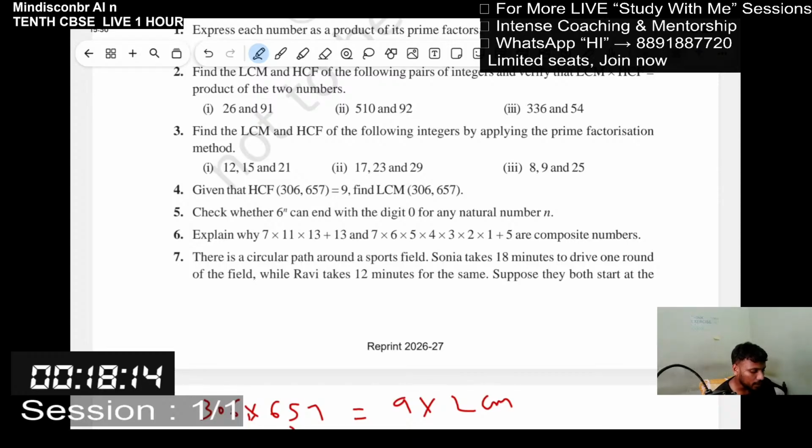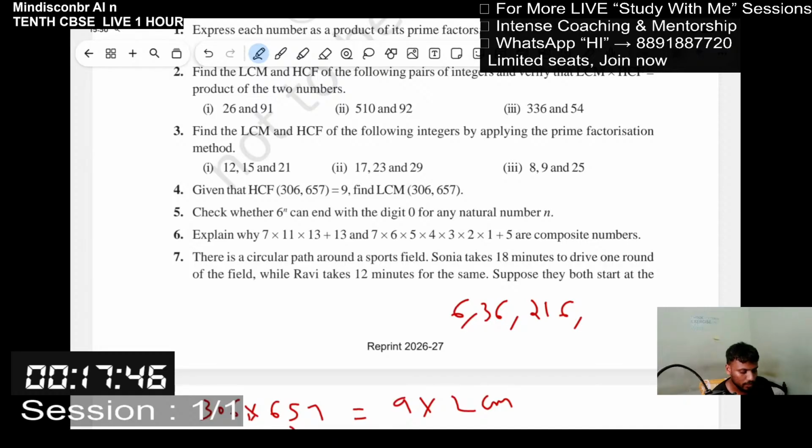For any number 6 raised to n, the repeated pattern will come as 6. 6 square is 36, and 36 into 6 is 216. Similarly, all the powers of 6 will end with 6 itself. So no digit 0 will come at the unit place for such 6 raised to n numbers.